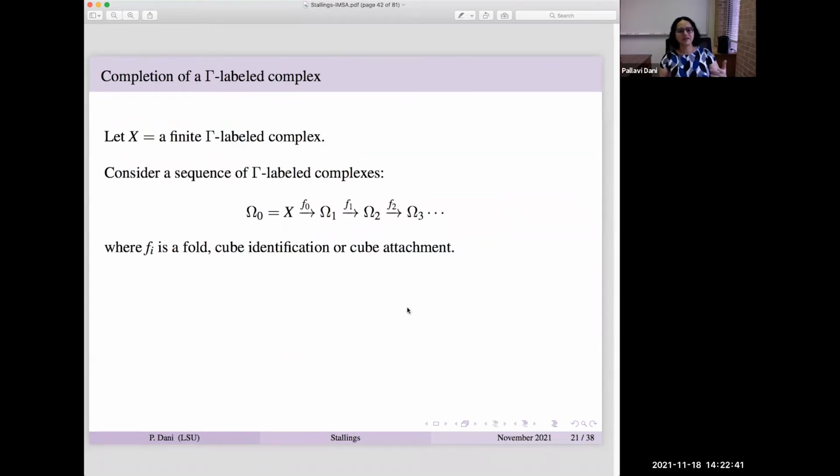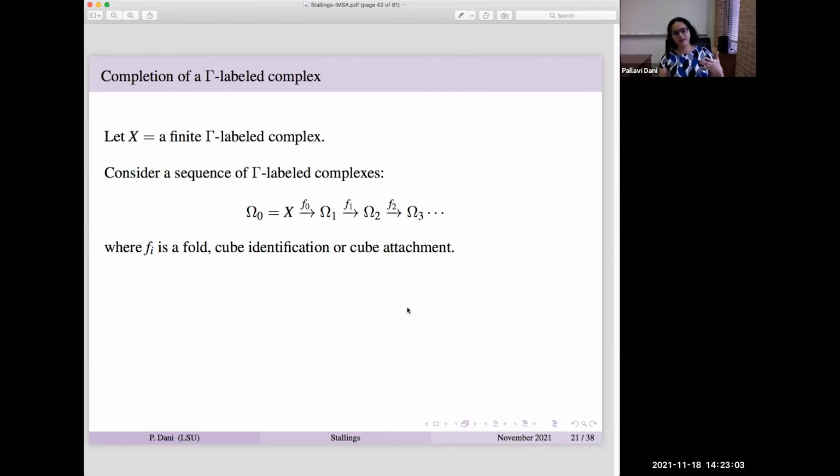Okay, so now we get to actually defining this terminal object. We start with a gamma labeled complex, and then we start performing a sequence of these moves which we've just defined: a fold, or a cube identification, or a cube attachment.